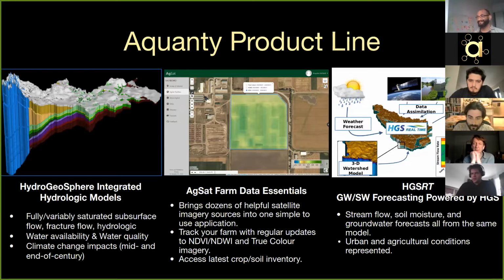What you can do with HGS-RT is stream flow, soil moisture, and groundwater forecasts all within the same model. And it's to predict urban and agricultural conditions.